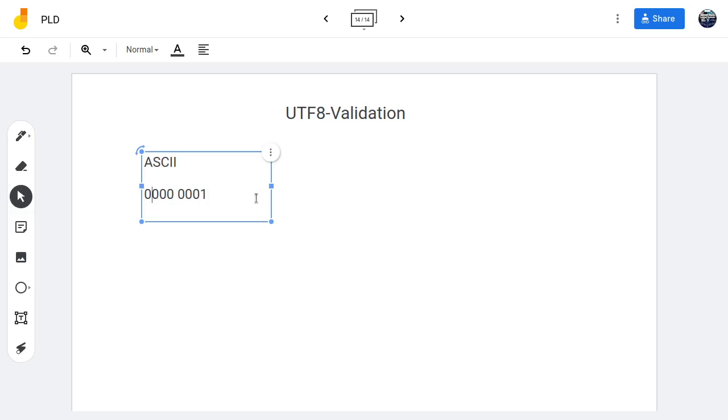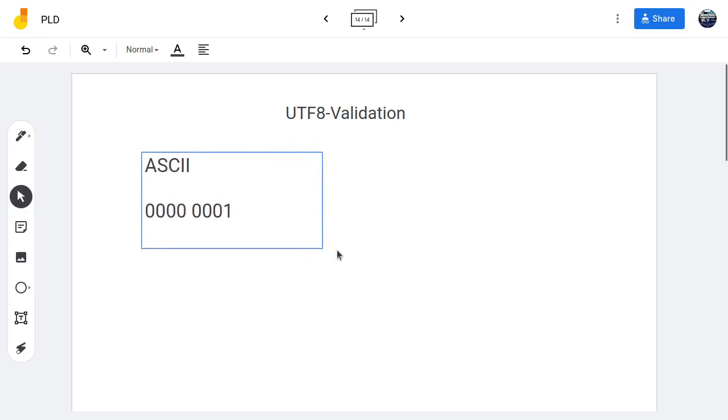Okay, and then a good knowledge of how to convert from decimal to binary, and from binary back to decimal will help you know the value for each byte.